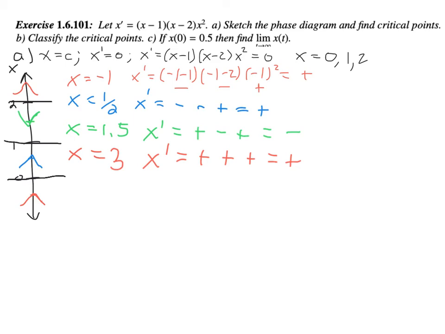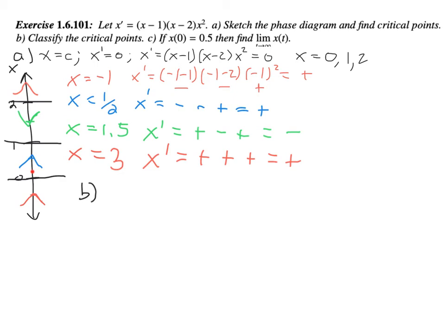In part B, they are asking us to classify the equilibrium. And there are three types of equilibrium: stable, semi-stable, and unstable. So looking at the equilibrium at 0, this one is going to be semi-stable, because if we started off close to 0 but below it, those solutions go up and are going to head back to the equilibrium.